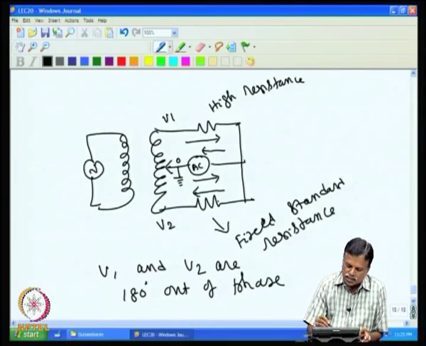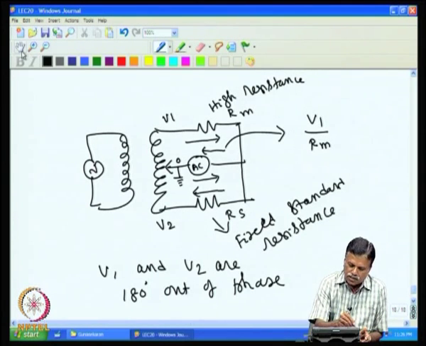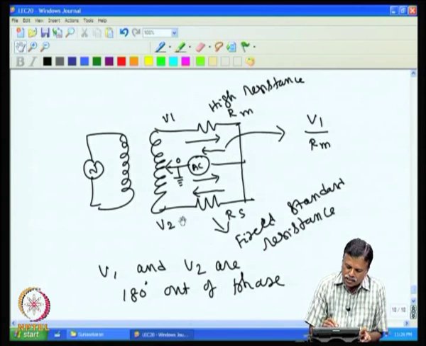One is given by V1 by Rm, say Rm is the measurement resistance, and this is Rs. So V1 by Rm is the current flowing in this arm, and V2 by Rs is the current flowing in the opposite direction. At balance both are equal.